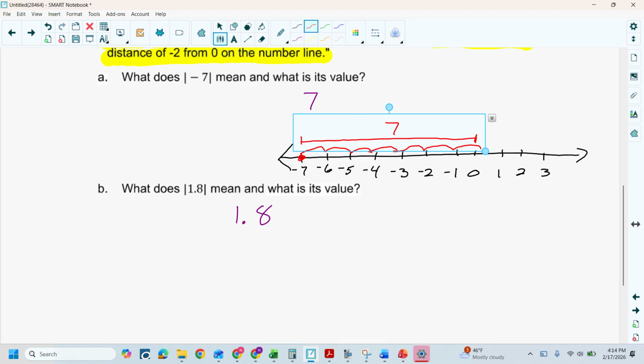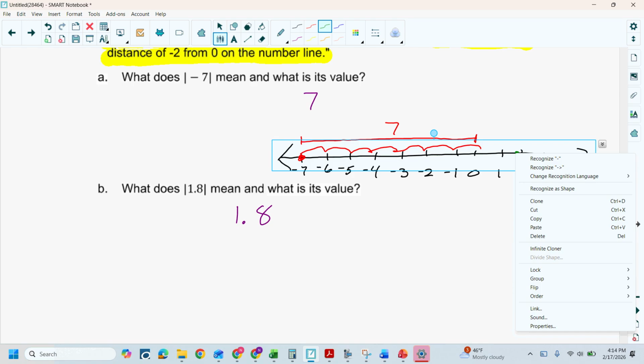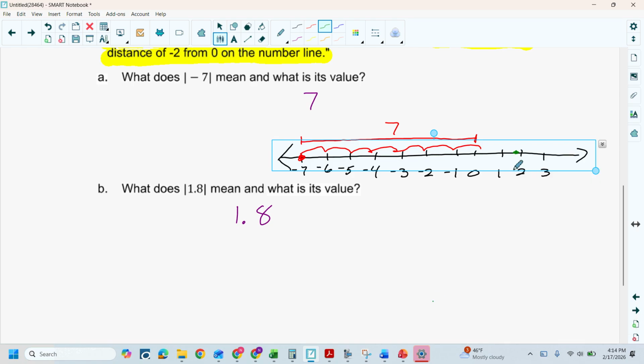So 7 spots. And then for 1.8, we're going from here to here. Well, that's 0.8, and that's 1, and so it's 1.8.